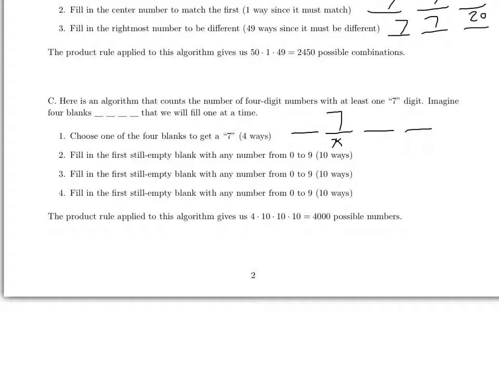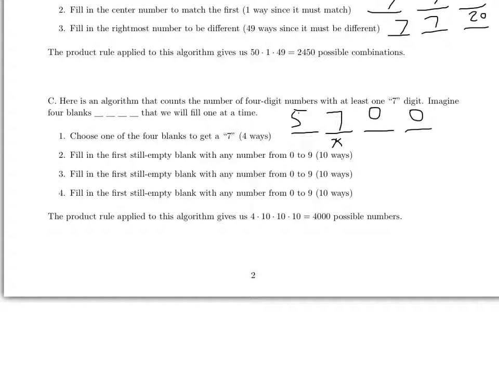Fill in the first non-empty blank with 0 to 9, so I can put a 5 here. Fill in the second non-empty blank with anything, put a 0 there, and a 0 there. So this would be correctly following the 3 steps. Pick where the 7 goes and then fill the other 3 numbers.